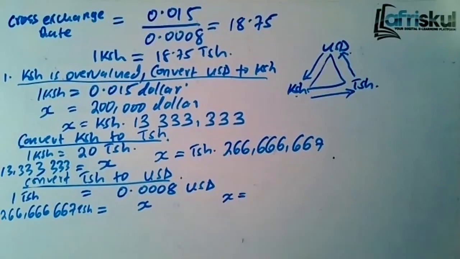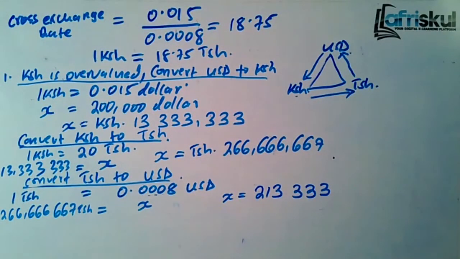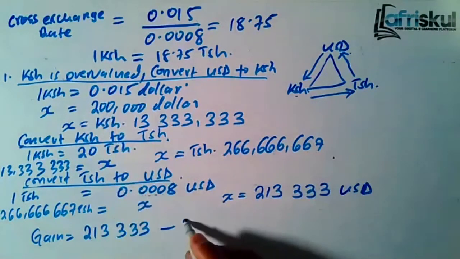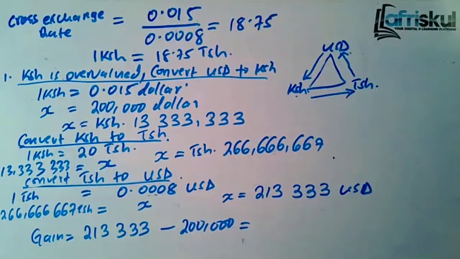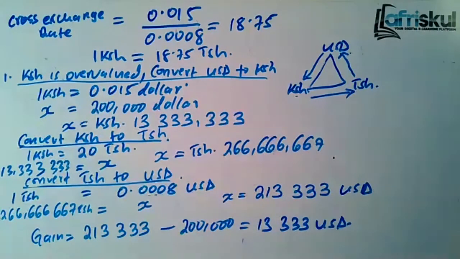You multiply by 0.0008, and you'll get 213,333. So you have a gain. You now have $213,333, but before the arbitrage you had $200,000. So from the arbitrage you have a gain of $13,333.